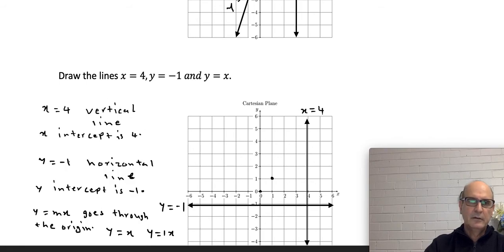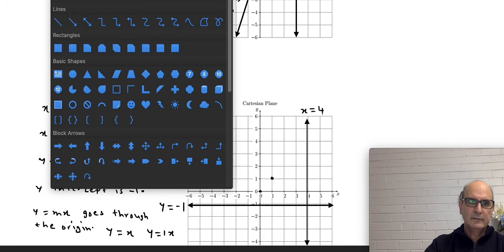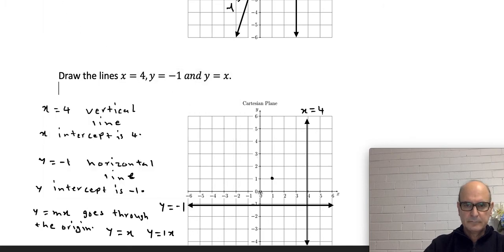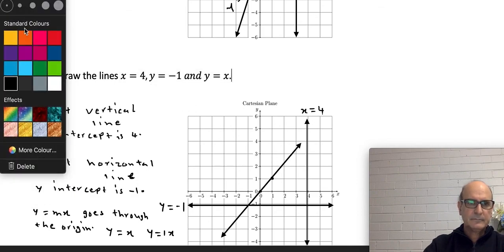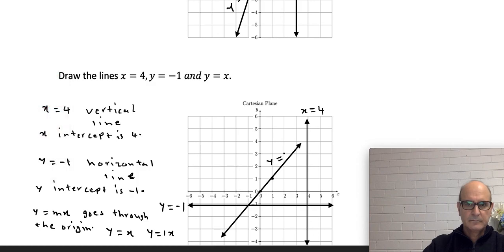So I can now draw my line. That is the line y equal to x.